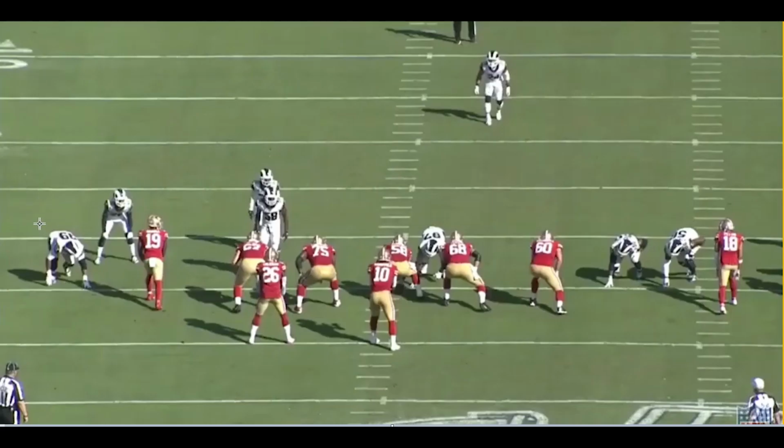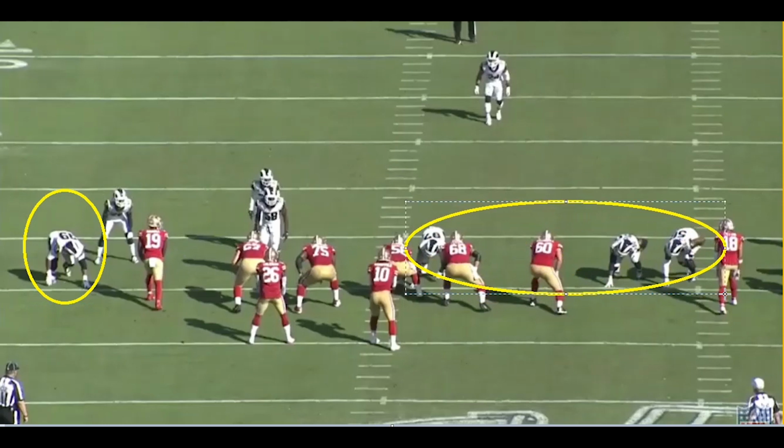So from the end zone, we're going to see the Rams put Aaron Donald out here in a very wide 9, and then they put their other 3 rushers on the other side of the line. What that causes is that will force the offensive line to slide this direction, to slide to their right, because they have 3 potential rushers.